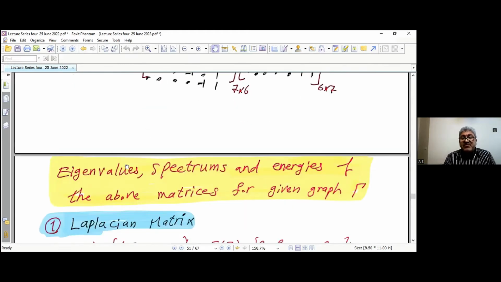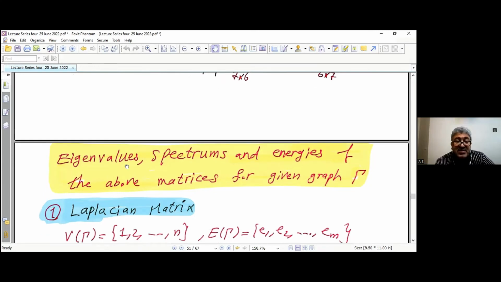Now, let me give some applications of these matrices, and define different spectra and energies for the given matrices.